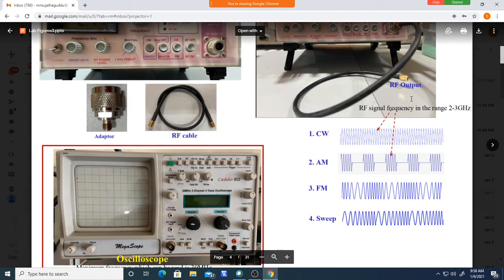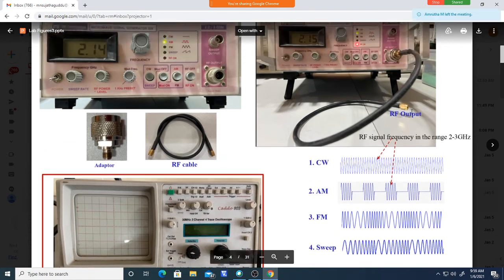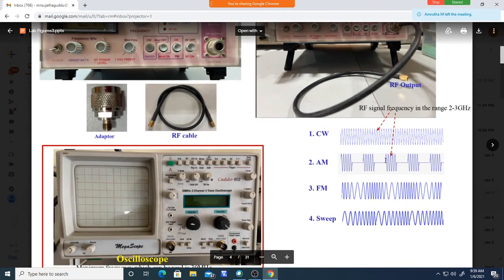You should measure the power or see the signal here, but the measuring equipment must be of the same range, and such equipment is usually costly, so we do not have it in our laboratories. So what we do is take the output, and instead of a continuous wave we take an AM modulated signal like this.